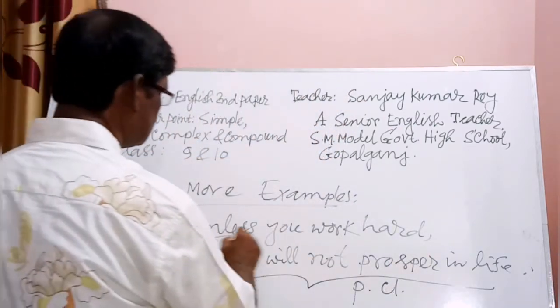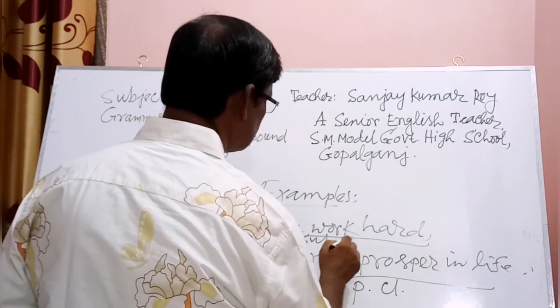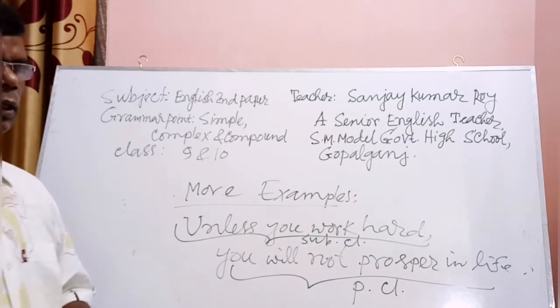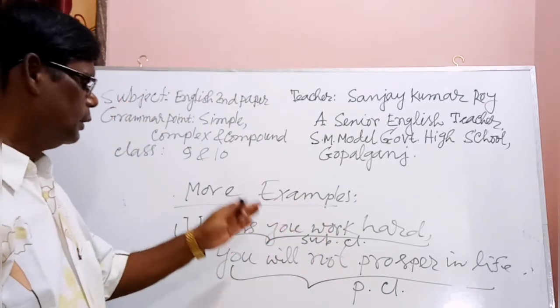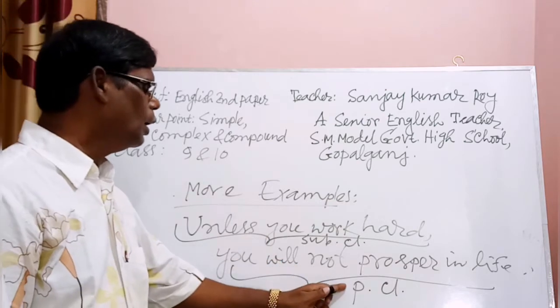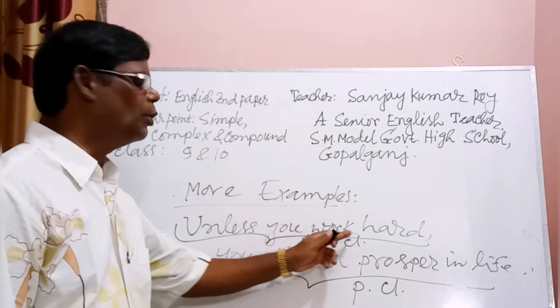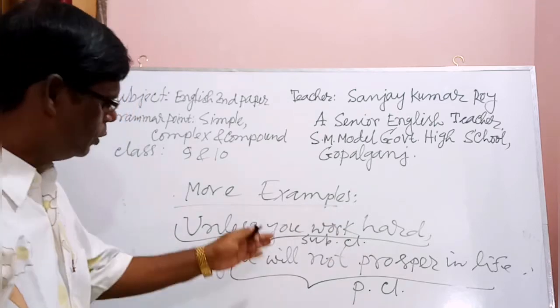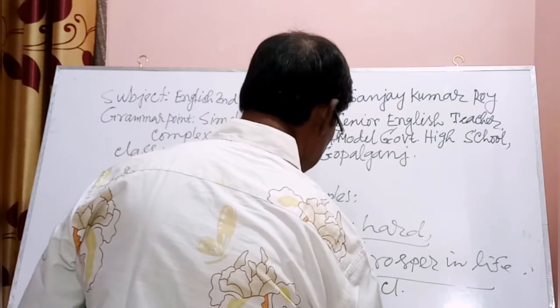And unless you work hard, this is the subordinate clause. Here we also find that this sentence contains a principal clause and a subordinate clause. So this is a complex sentence.